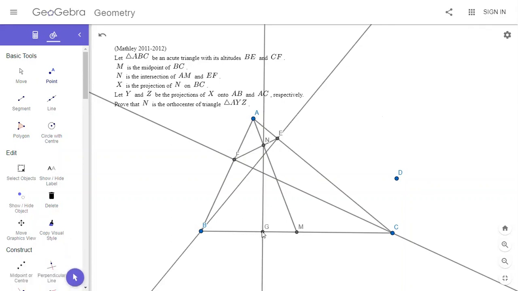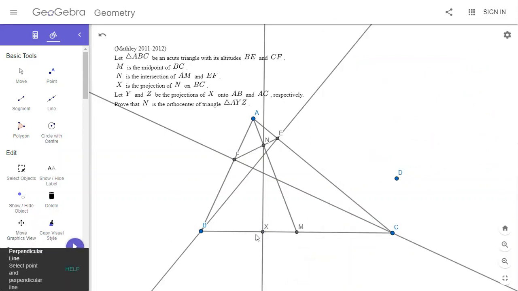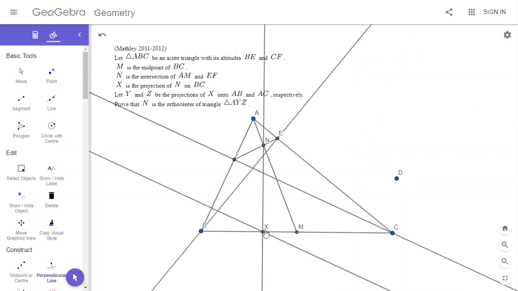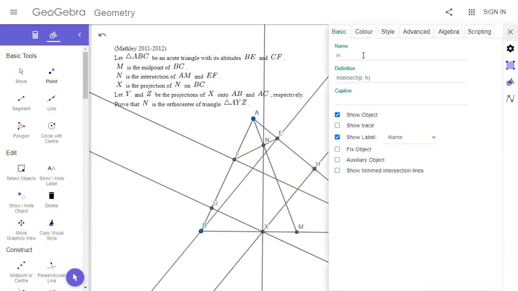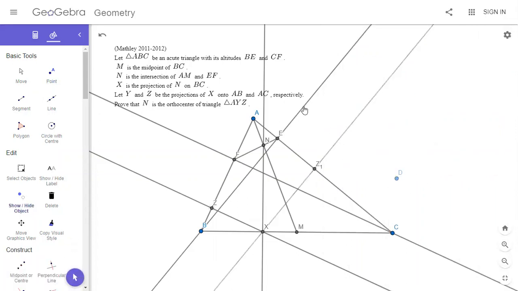Looks like projective geometry might be handy. And then we project X onto AB and AC. Y and Z. And we want to show that N is the orthocenter of AYZ. All right. Whoops, I think I fixed some of this up.